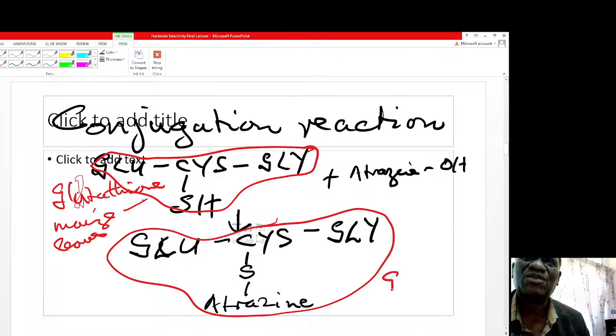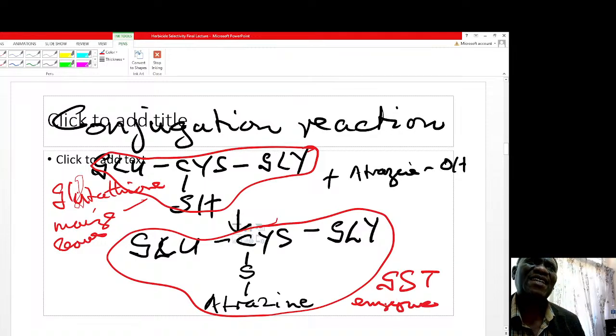I will make it short. GST enzyme facilitating this process. Glutathione S transferase.